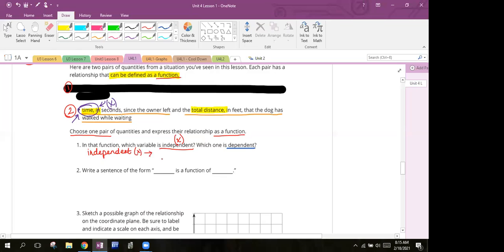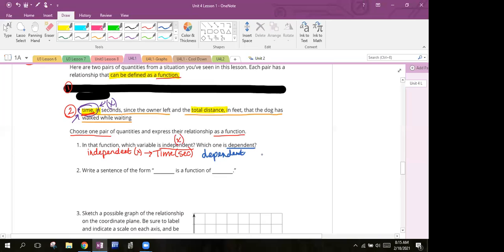Okay, so what variable represents our independent variable? X. Which is what? All right, now we have our dependent variable.